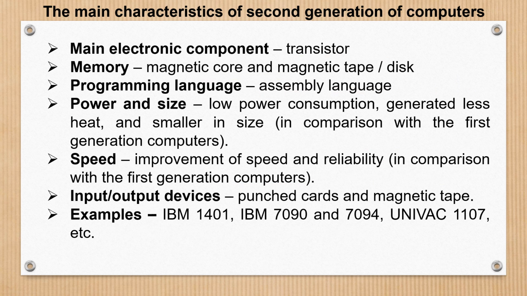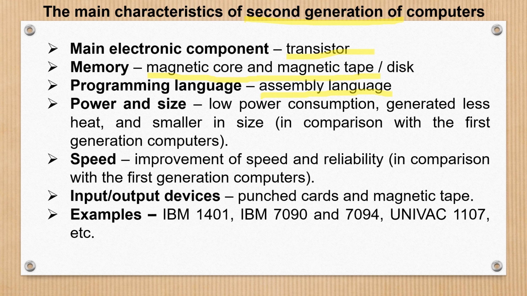1963. Next, the second generation systems use the concept of the transistor. They have the magnetic core and magnetic tape for their memory. The programming languages are the assembly languages, like we have discussed ALGOL, COBOL.